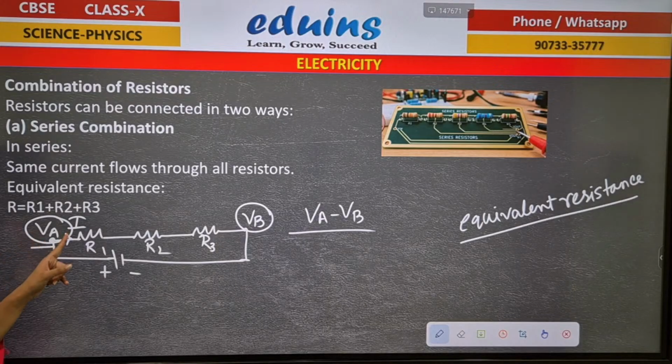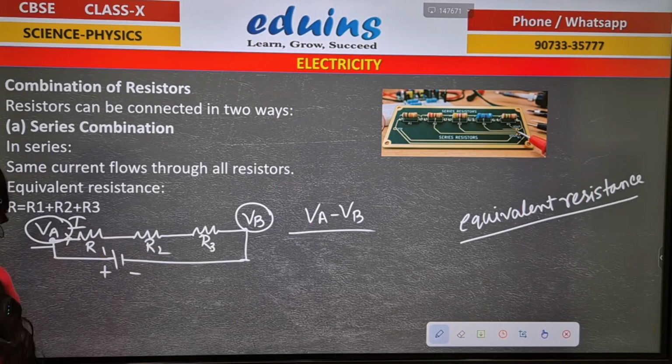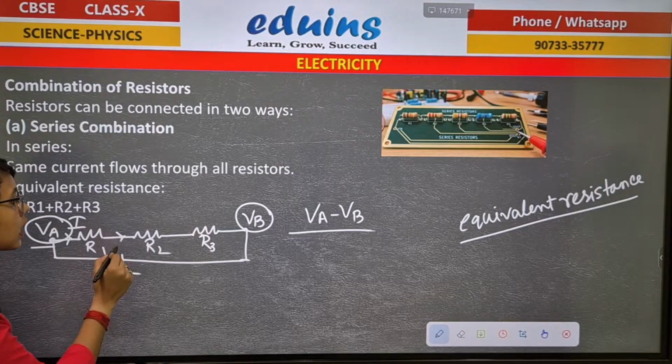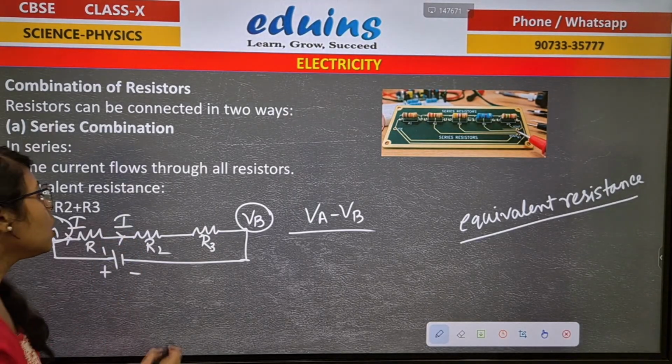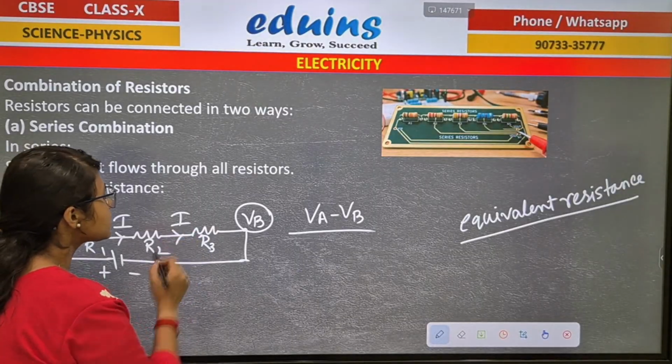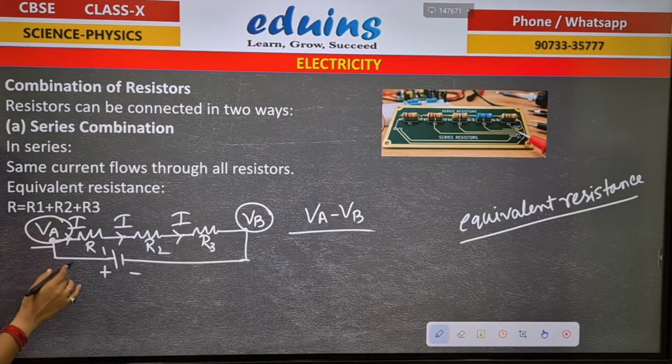The current is I for all the resistors R1, R2 and R3, because there is only one path for the current flowing through the circuit, so there is no different current. The flow of current is the same everywhere in the resistors.